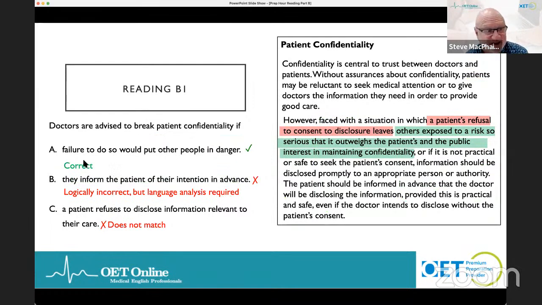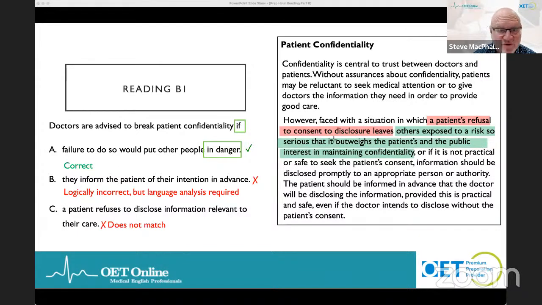And it does say that failure to do so would put other people in danger. Oh, let's use our synonyms, everyone. Can you give me a synonym for "in danger"? Faced with a situation, well, this is the "if." This is the situation. Failure to do so.